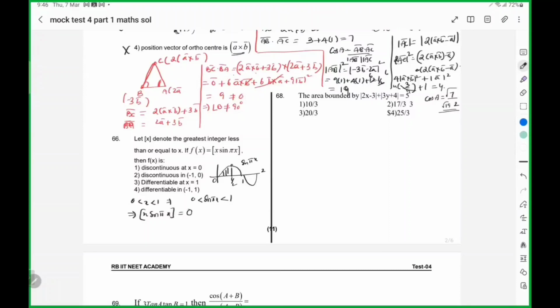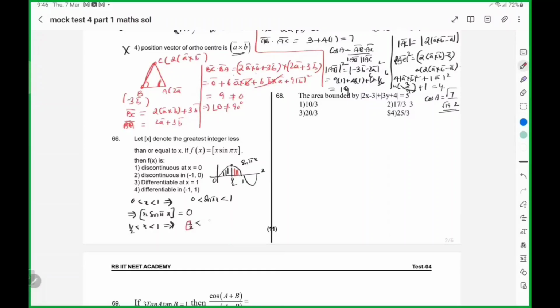Its value is 0 between x lying between half and 1, and between half and 1 also, here we get 0 to 1.